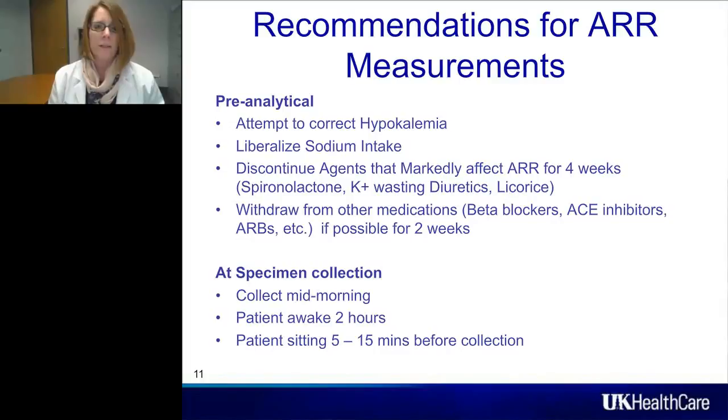And so for that reason, the Endocrine Society has given us recommendations for how to measure ARR, both pre-analytical, or prior to specimen collection, and also recommendations for the time of specimen collection. Their first recommendation is to attempt to correct hypokalemia through potassium supplements. Further, they recommend liberalizing sodium intake, as low sodium diets do affect the concentrations of aldosterone in the bloodstream.